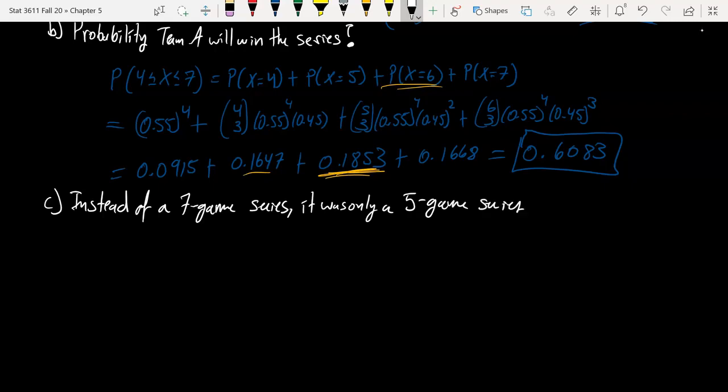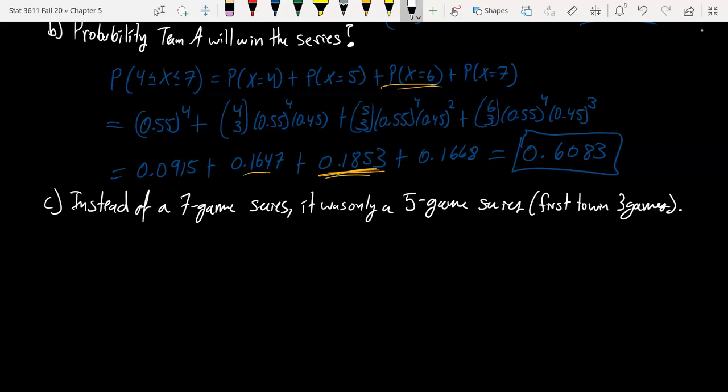And if you're not familiar again with the notions here of these series, a 5-game series means the most games you can play would be 5. That'd be the first one to win 3 games. So instead of a 7-game series, it's only a 5-game series.